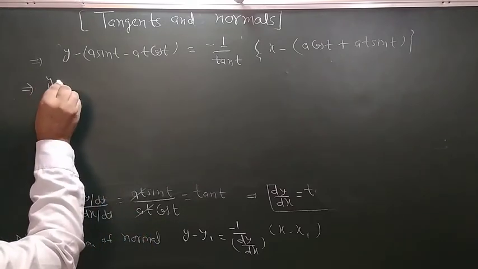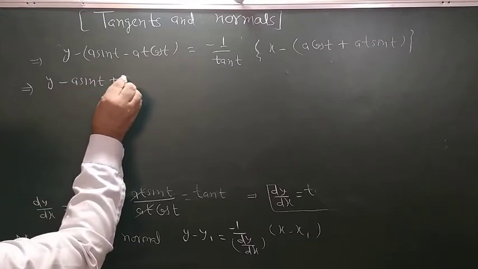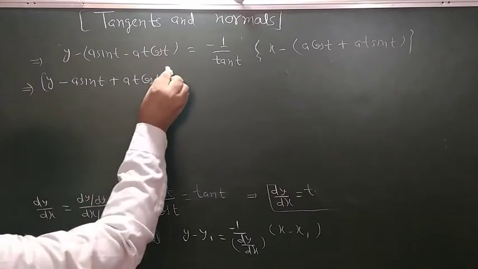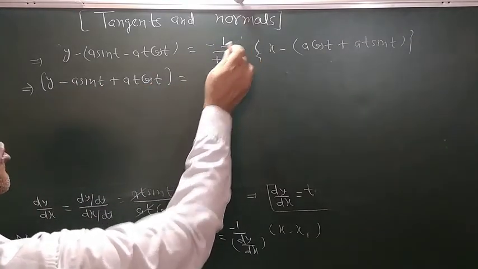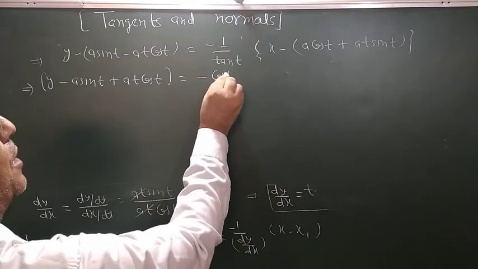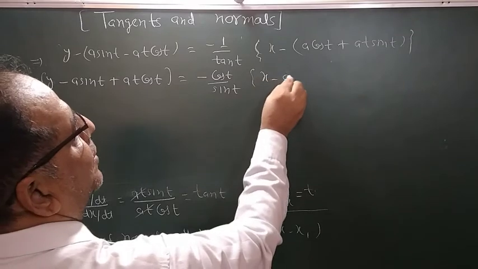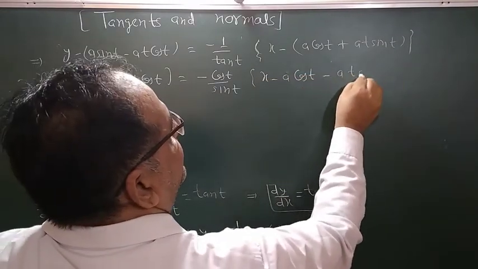Now this can be written as y minus a sin t plus at cos t equals minus 1 upon tan t, that means minus cot t, so minus cos t upon sin t, times x minus a cos t minus at sin t.